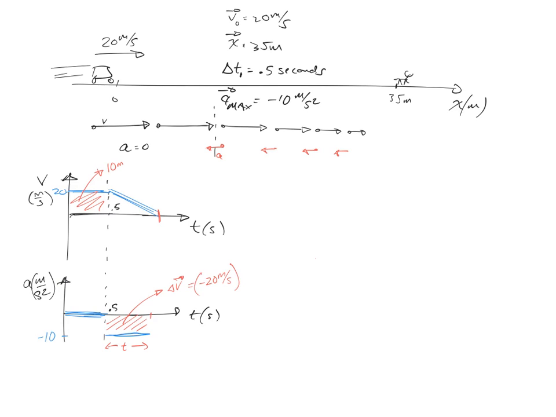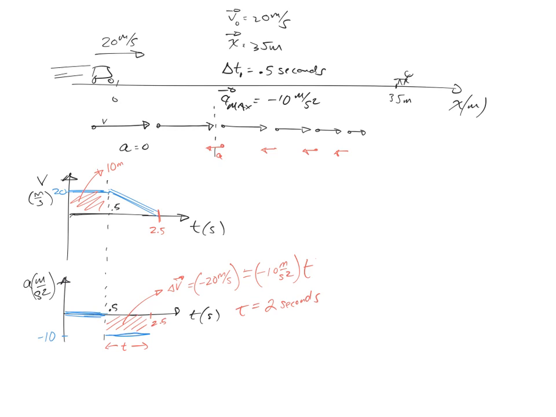So my change in velocity has to equal my acceleration, which is negative 10 meters per second squared, times t. If I solve that, I get t equals 2 seconds. So my final time when I stop should be 2.5 seconds. That means this is 2.5 seconds.